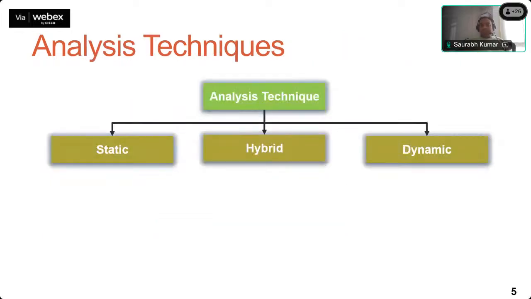Okay. So the next thing is analysis techniques. You may have already studied these analysis techniques. Generally we say that analysis techniques are classified into three categories. One is static analysis, where we generally just dissect an application. We do not actually execute it. We just do an analysis on the code part, only the code.